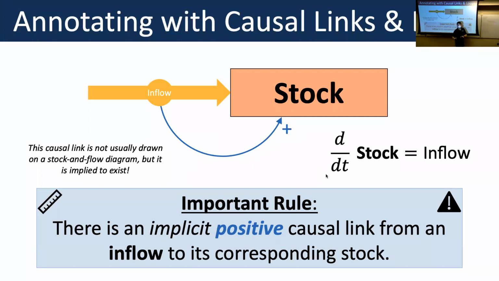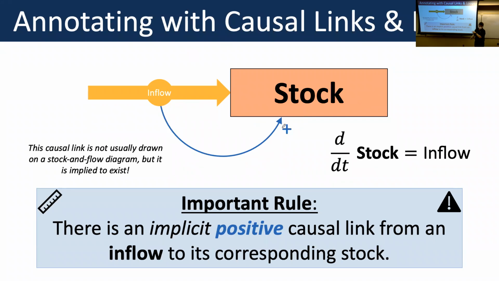Whenever you draw an inflow into a stock, it is implied that there is a little link going down here, which says that as the inflow increases, the stock is going to increase. We often do not draw that, but it's always implied that it's there.